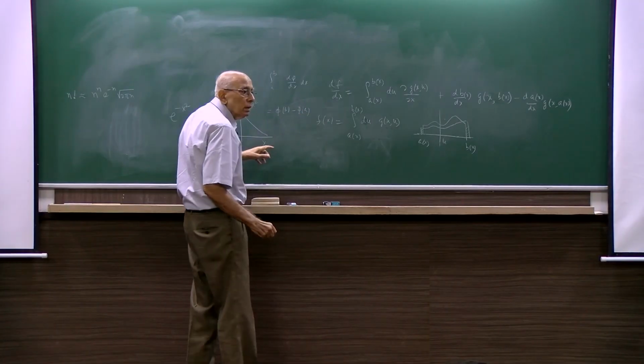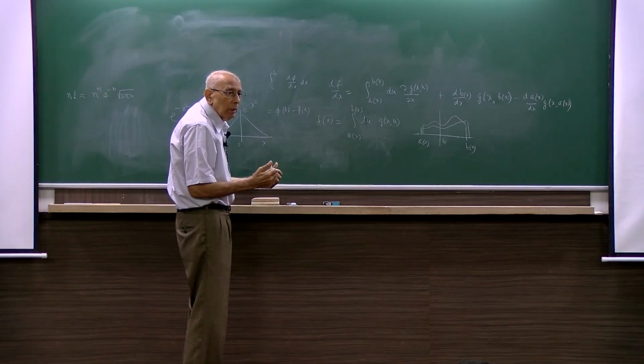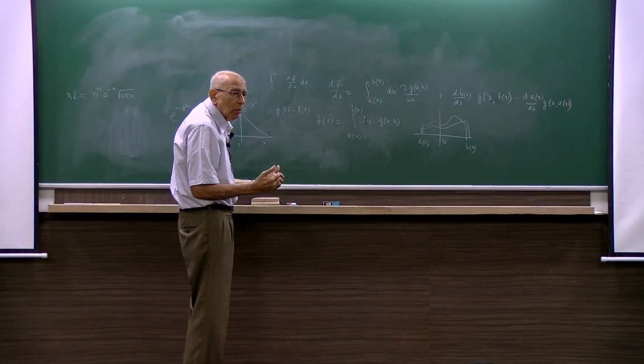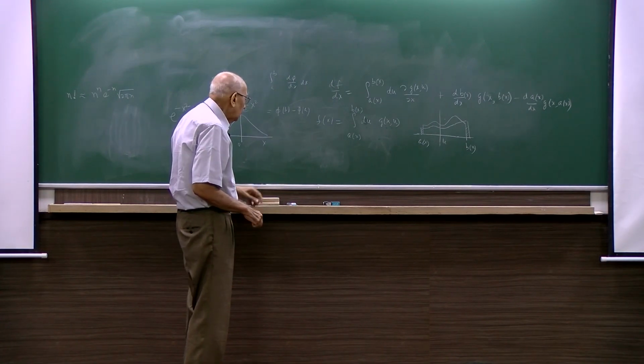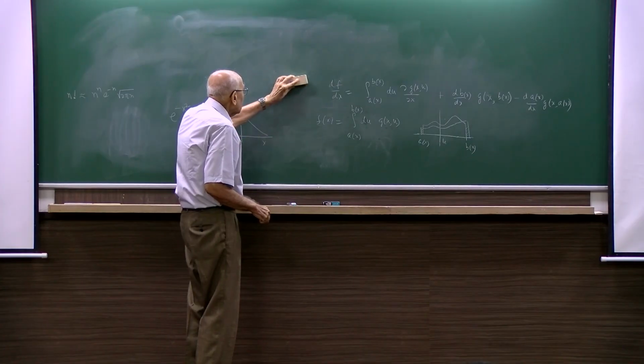The same minus. This interval has two boundary points, the lower boundary and the upper boundary, and the flux is outwards. So that's where the minus sign comes from, and this is very useful.